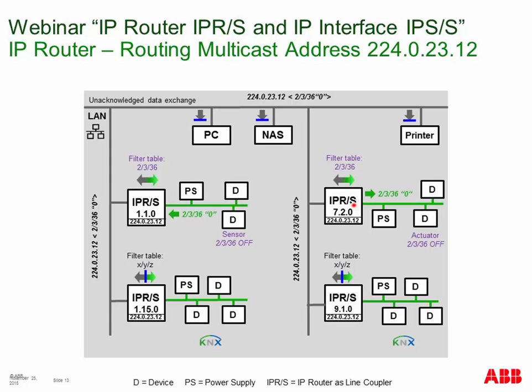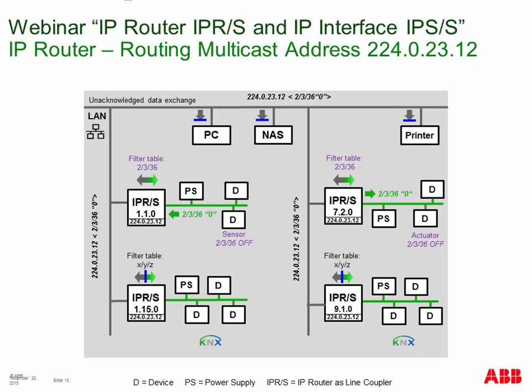There the filter table, or the gate, will be opened and the telegram will be sent to the dedicated actuator. Other IP devices like a PC or a network attached storage or a printer for sure do not have the same multicast address if they are listening to multicast telegrams, and they don't take care of these telegrams coming from the KNX components.